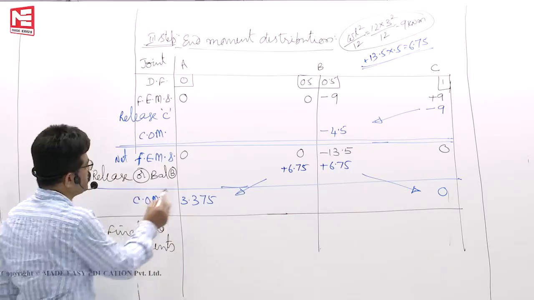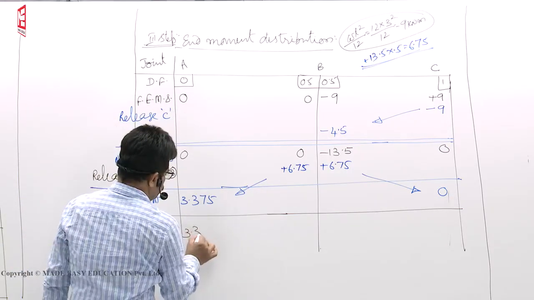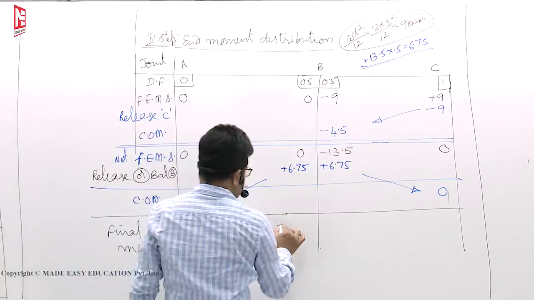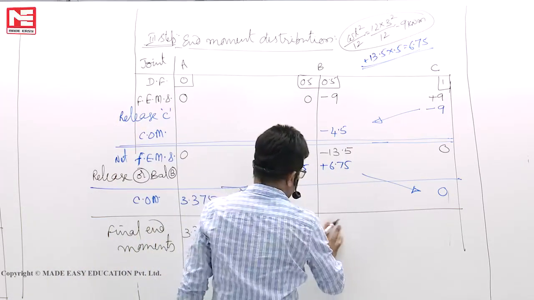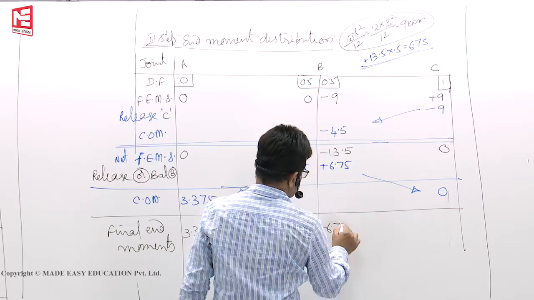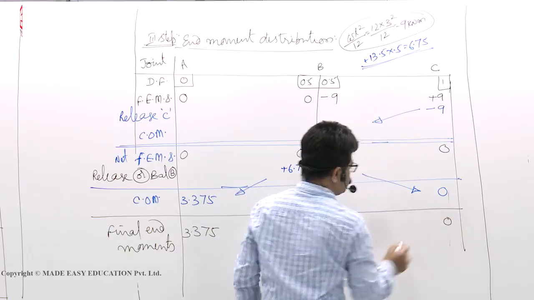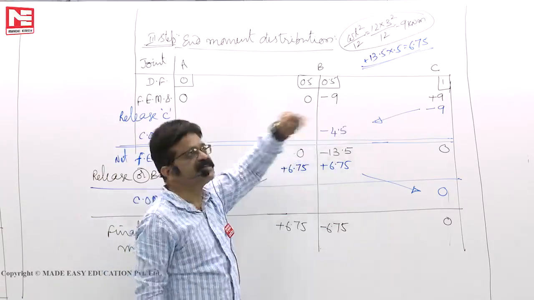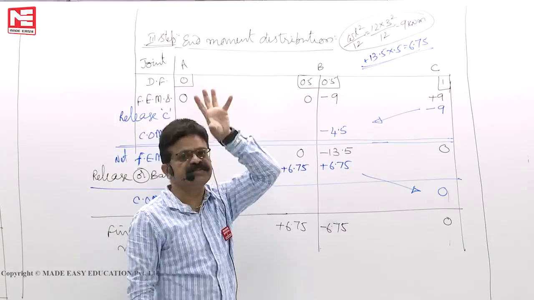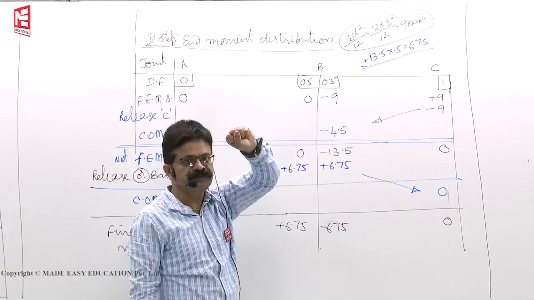So final end moments are this much: 3.375. This is plus 6.75. This is minus 6.75. This is 0. That means if at all you want to fix this one, minus 9 kilonewton meter is required at joint B, two members if you want to fix it.